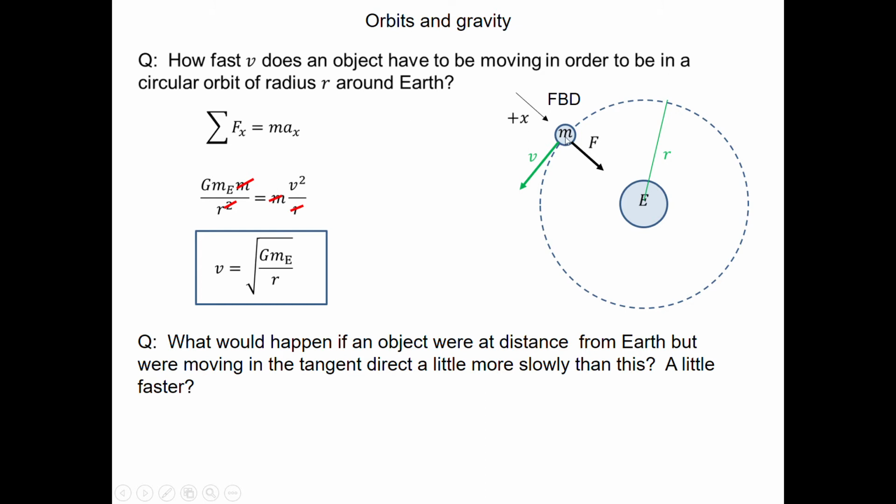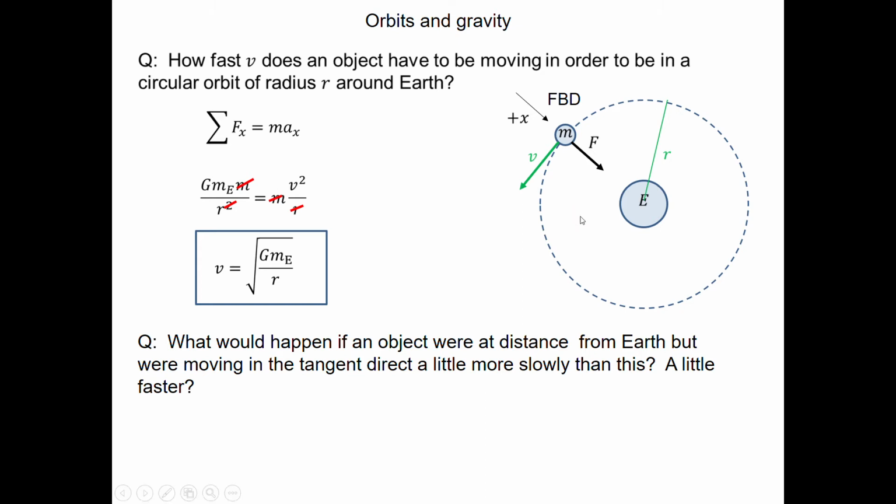You can imagine if you're not going fast enough compared to the gravitational pull of Earth, as you're accelerating toward the Earth, you're not moving fast enough to the side to avoid falling closer to the Earth. So what happens is this object will now start falling inward towards the Earth. In other words, it's not going to be at radius r anymore.